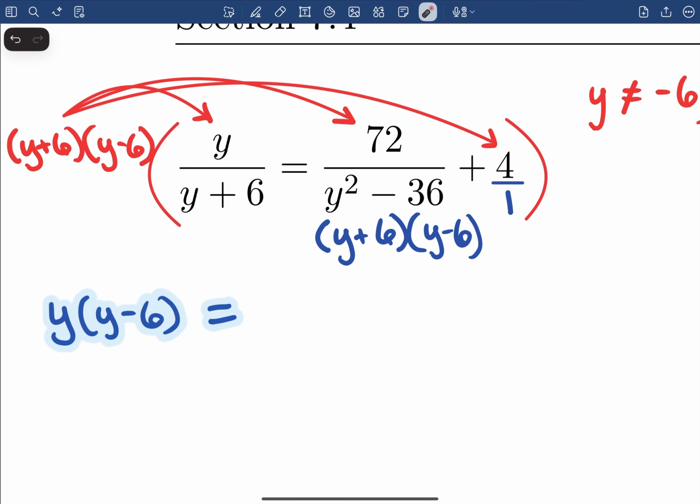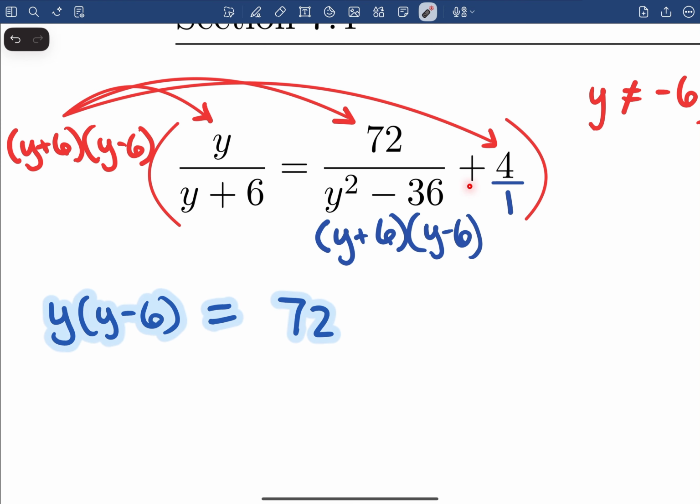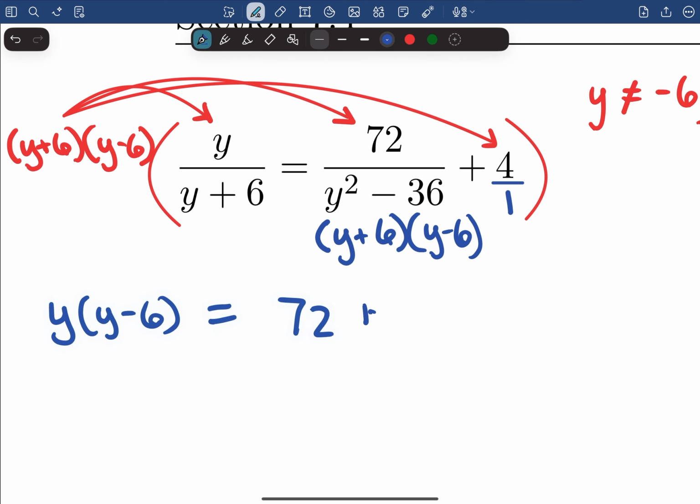And now moving forward, I have this 72 divided by y plus 6 times y minus 6 that I'm multiplying this y plus 6 times y minus 6 into. And notice, yeah, y plus 6 cancels y plus 6, and y minus 6 cancels y minus 6. And so all I get is a 72. And I'll write that next, 72. Okay, now I get to the plus sign of the equation, so I'm going to write that plus sign here.